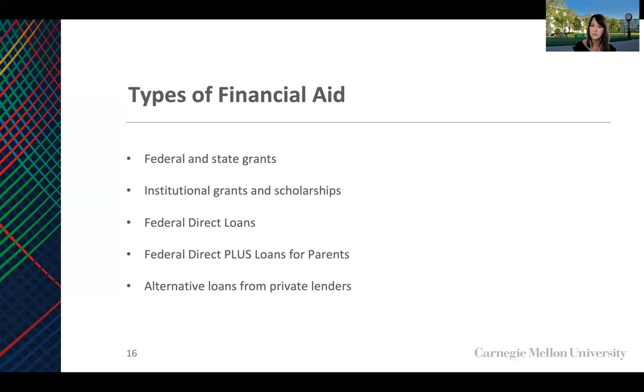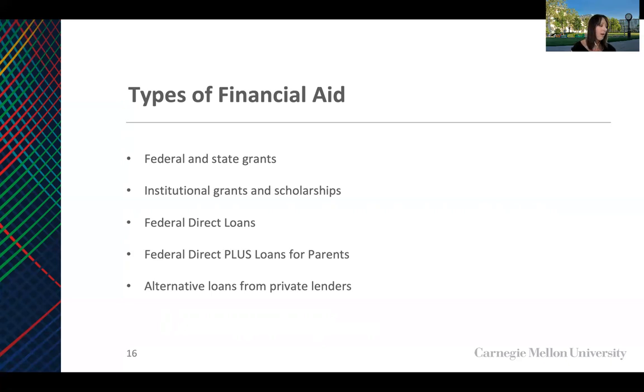There's also a federal direct plus loan parent program. So if your parent is looking to borrow a loan and wants to borrow through the Department of Education, they can also do that. And then keep in mind, there are also alternative loans from private lenders. So things like banks. So maybe if you have a relationship with a bank, most banks will offer some sort of education loan.